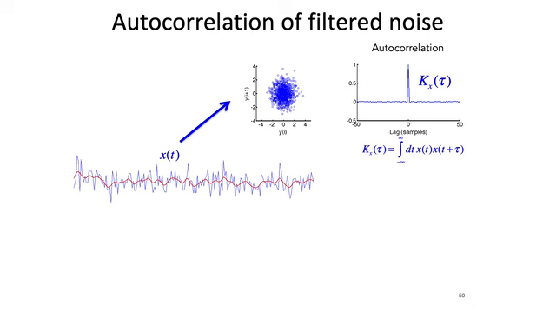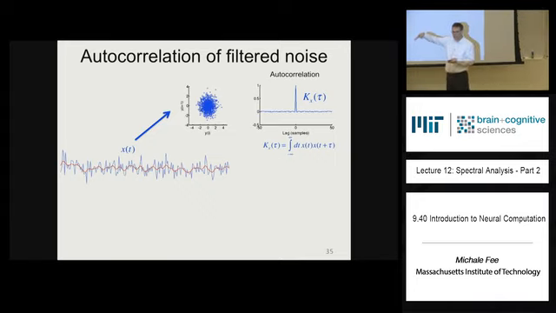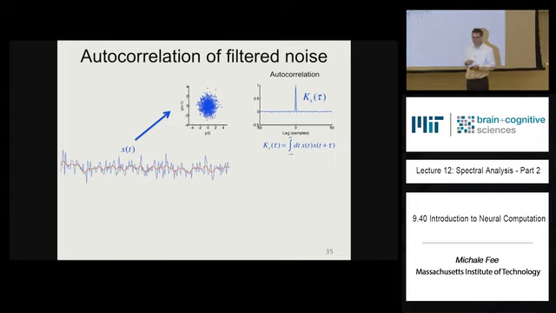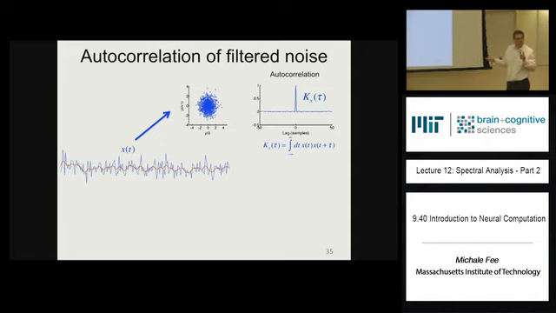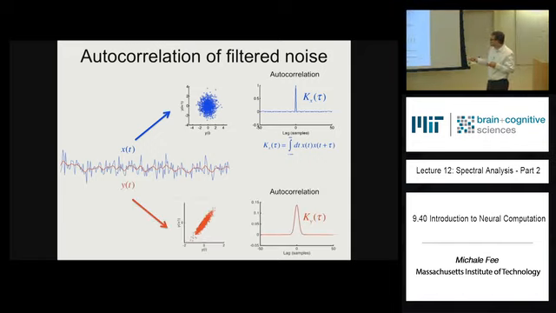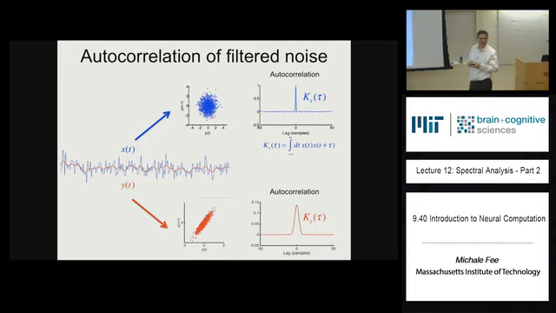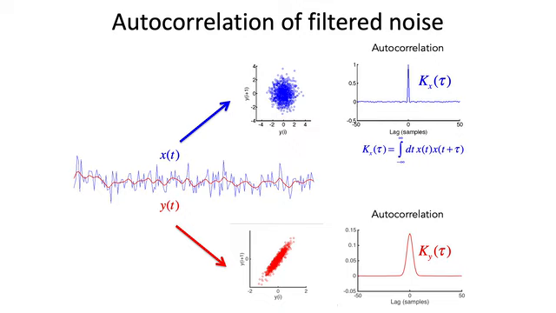So neighboring points here will be similar to each other. That's what smoothness means, right? Neighboring time points are close to each other. So if you look at the correlation of neighboring time points in the smooth signal, it looks like this. It has a strong correlation.